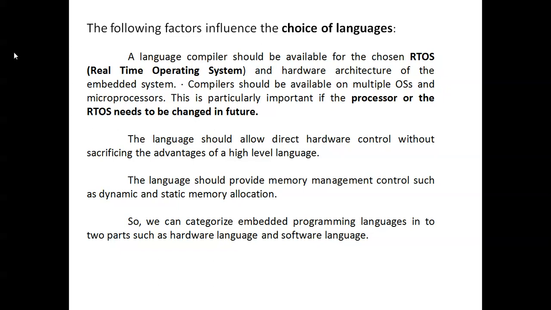This real-time operating system is very important for an embedded system. A fire alarm is a good example of an embedded system with a real-time operating system. It monitors 24 by 7.